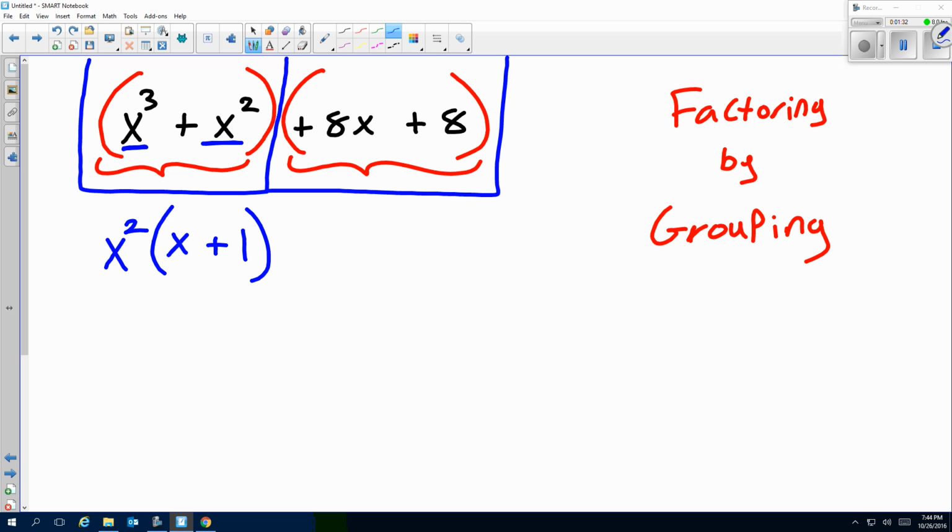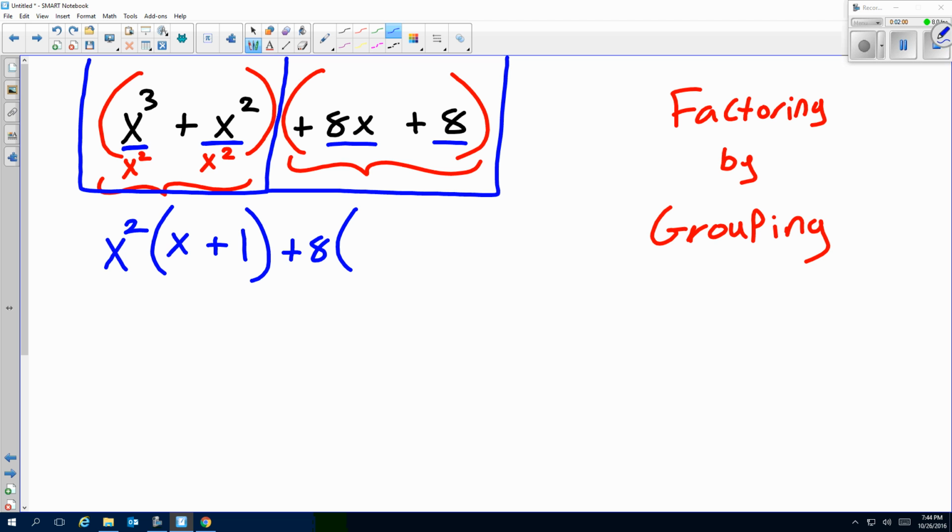Again, I just factored out the greatest common factor, meaning that I divided, more or less, I divided out x squared on the outside. Now, once I've done that, I can now look at my other grouping. What does 8x and 8 have in common? A positive 8.